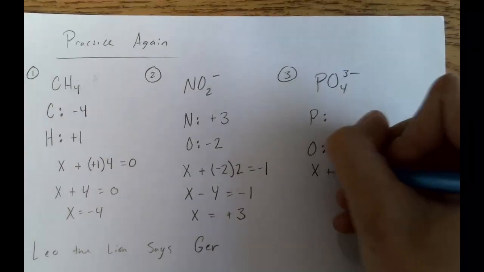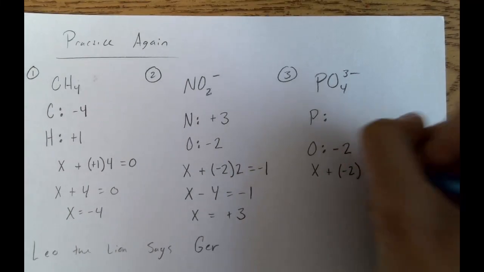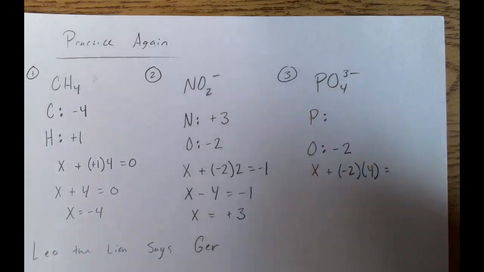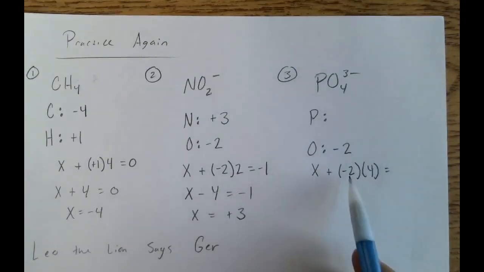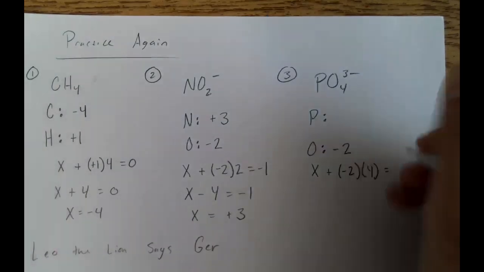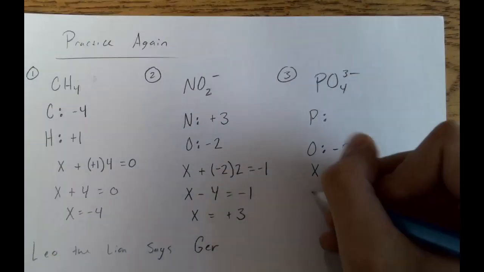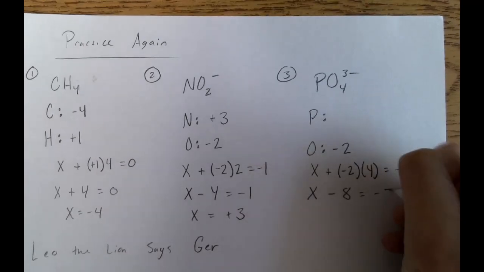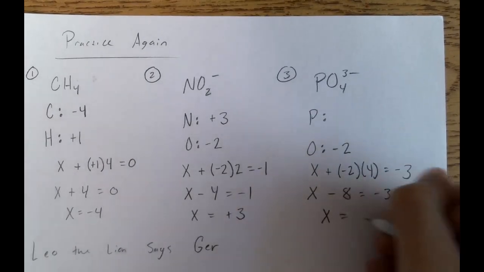So oxygen we know is -2. However, there's 4 of them, so I'm going to have to multiply that by 4. And so whatever this side of the equation is, it has to equal -3 because it has to equal this net charge. So this turns into x minus 8 is equal to -3. So x is equal to +5.